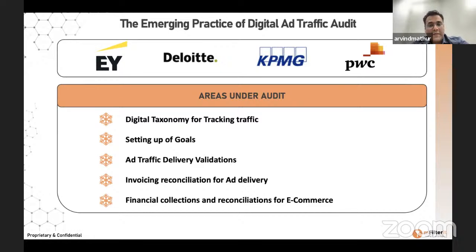Some of these require ad fraud detection partners like us to come in and help brands, but for basic ones like having the right digital taxonomy in place, having a reconciliation model in place, or generating IDs for every event that happens down the funnel, brands can themselves step up and plug those gaps as well. Right? So I think I've covered broadly the areas that I wanted to speak about.